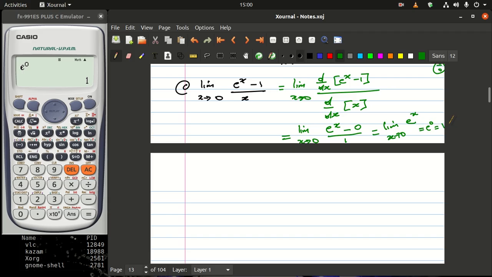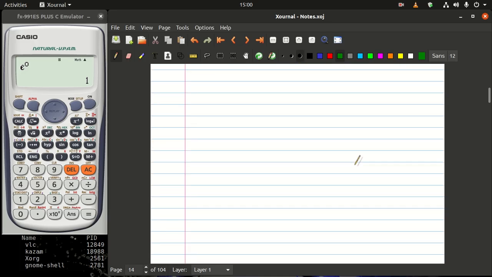Let's go to D. Our D now is starting to get a little bit interesting, and this one is supposed to be the limit as x approaches 0 of 9 to the power x minus 5 to the power x, all over x.